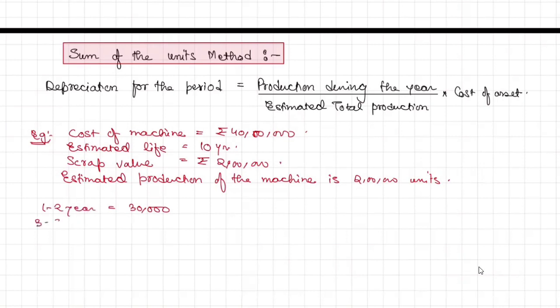From 3 to 6 year, say for example, 20,000 has been produced. For 7 to 10 years, 25,000 units. This is units per year.